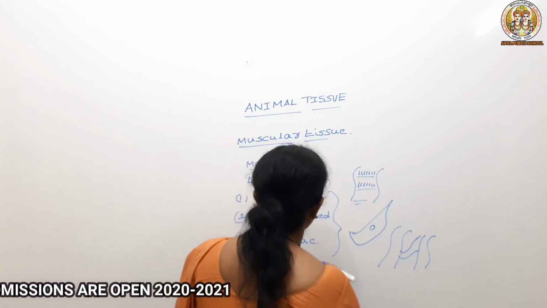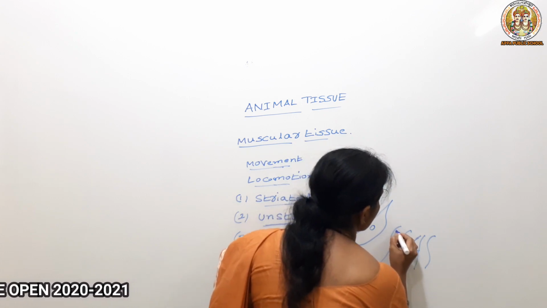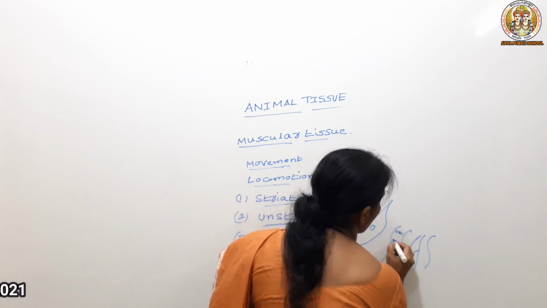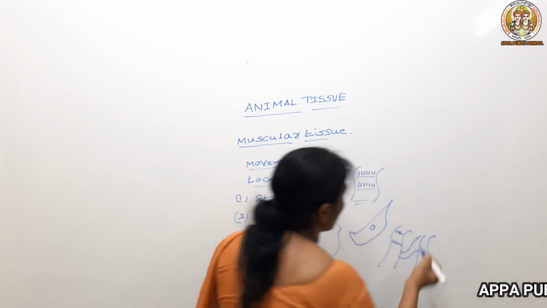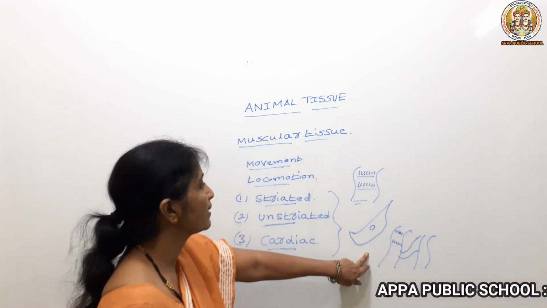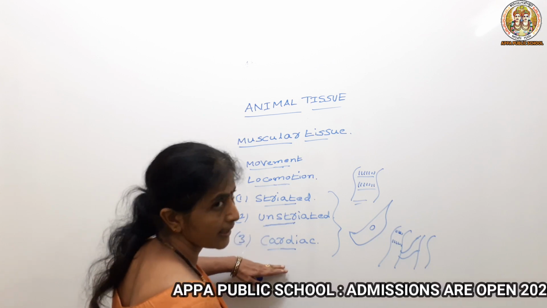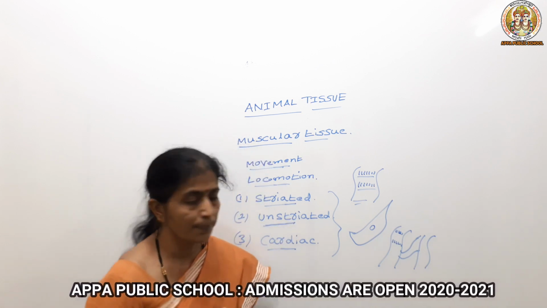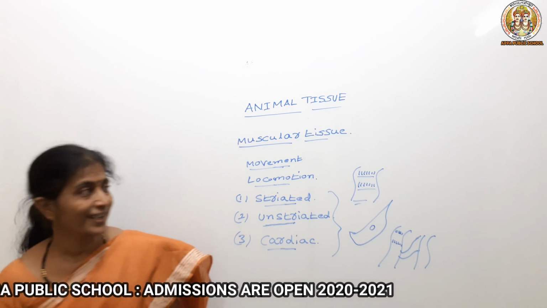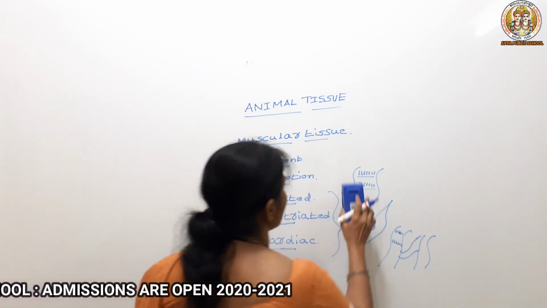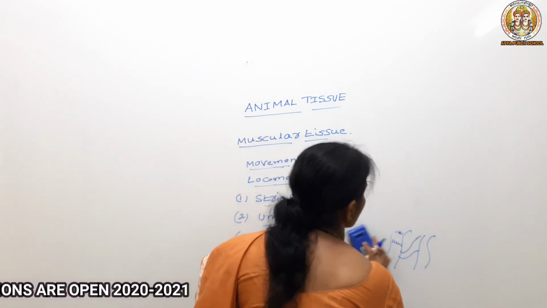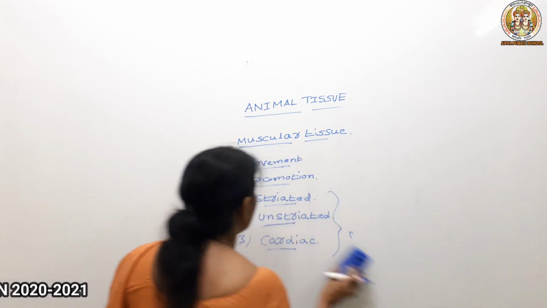In cardiac muscle you can also see the striations, light and dark bands. So depending upon these striations, they are categorized as striated, unstriated and cardiac. Let us know where they are present, what is the structure of the muscular tissue and what is their function. Let us know one by one.